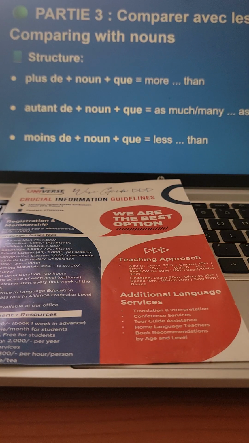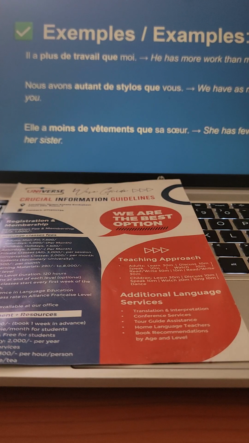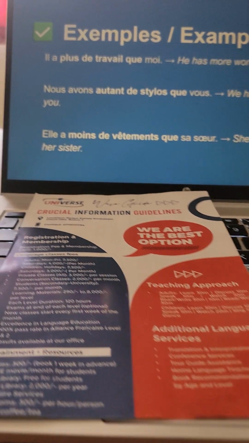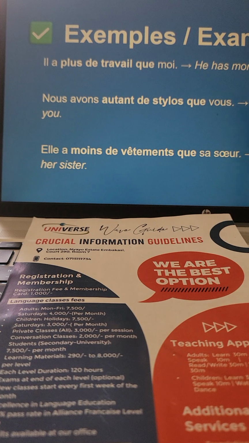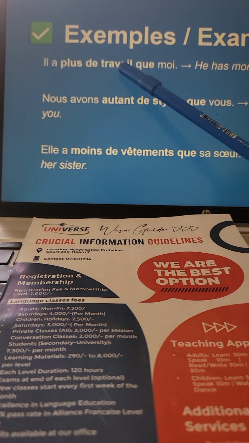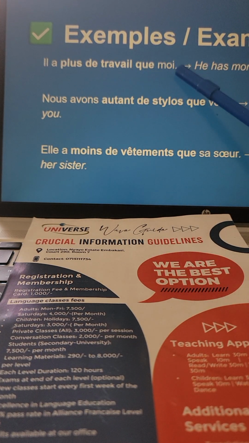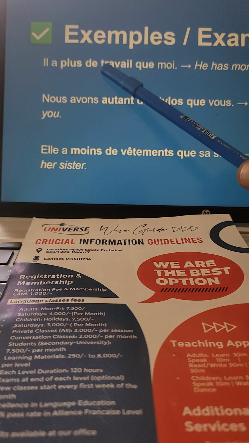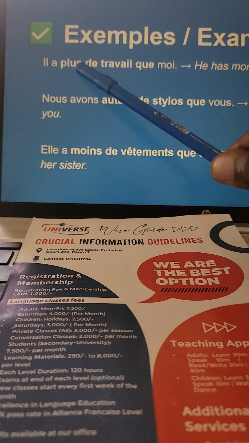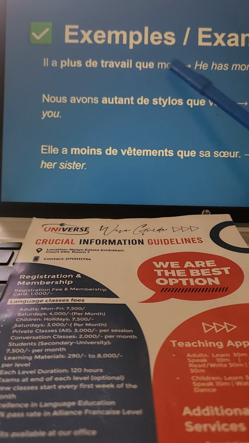Let's see some examples there. Il a plus de travail que moi. Where is the noun? The noun is travail. So he has more work than me. Nous avons autant de stylos que vous. Where is the noun?